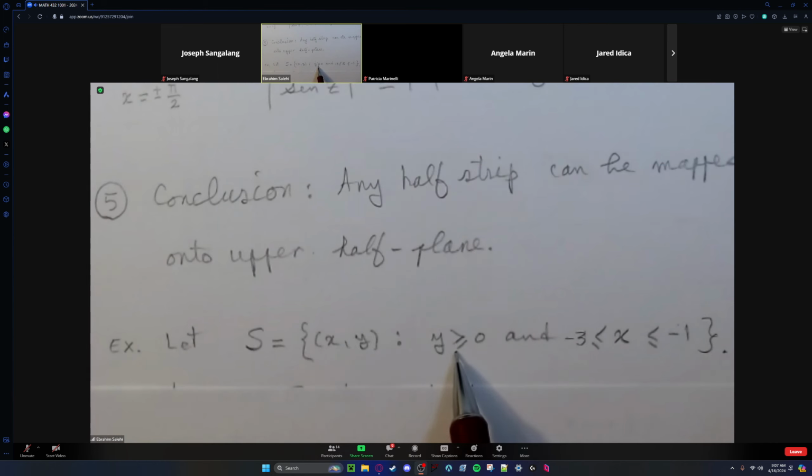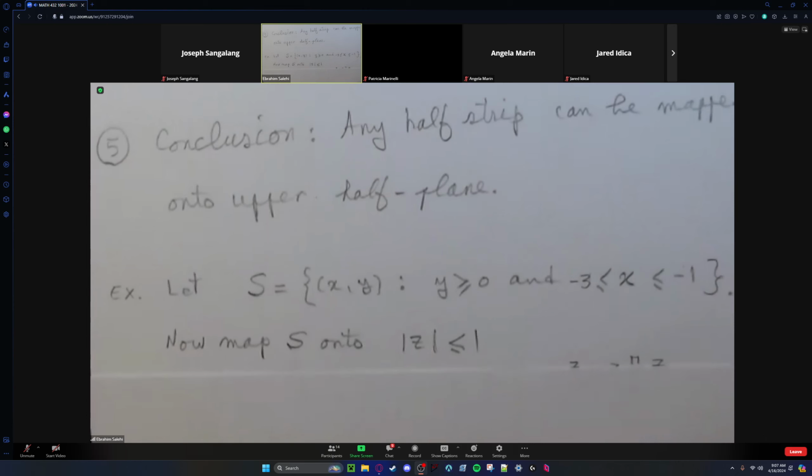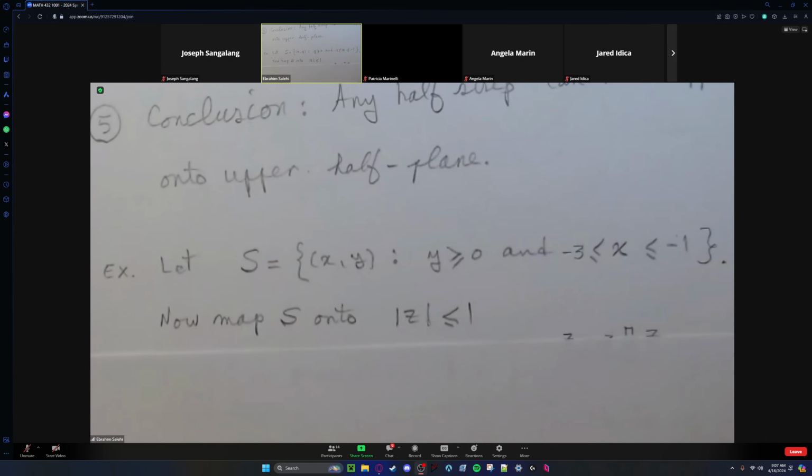Y is non-negative, but x is between -3 and -1. Now you need to graph this and get a good feeling of what needs to be done. And then I want to map it onto a unit disk.